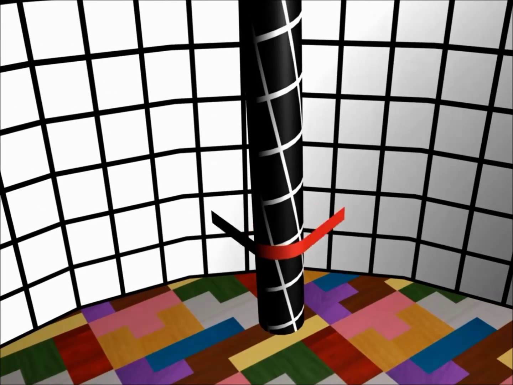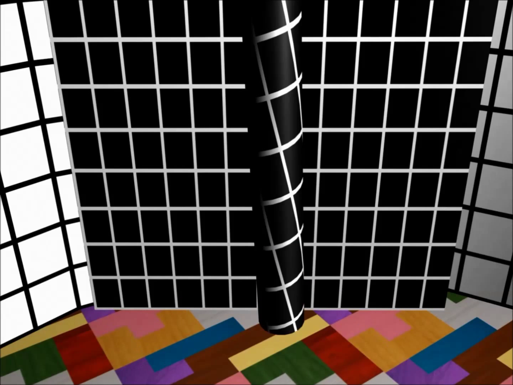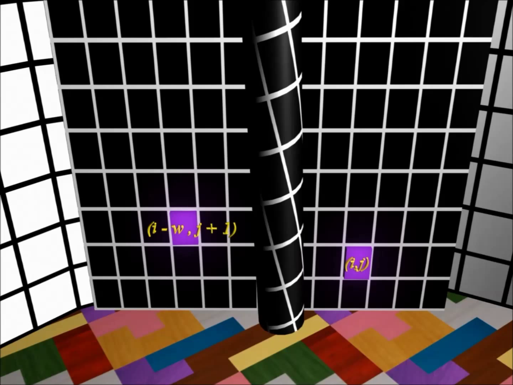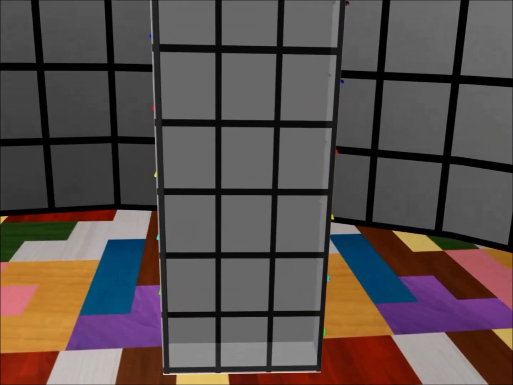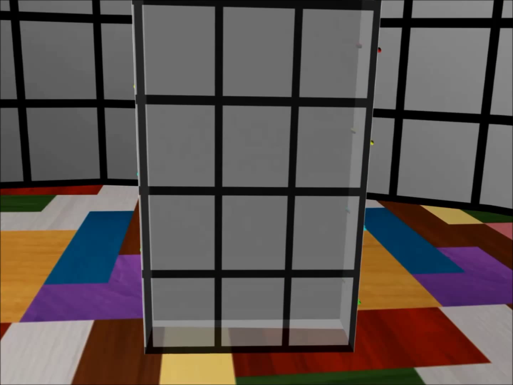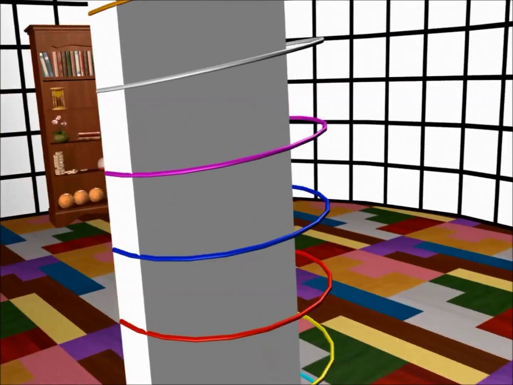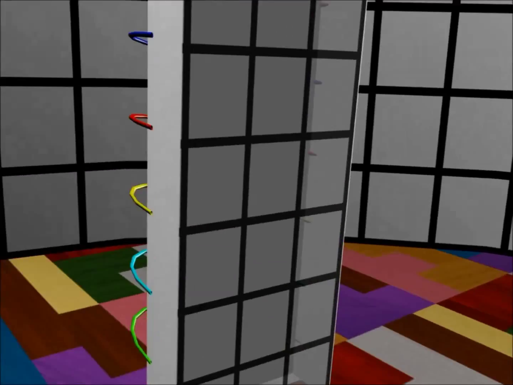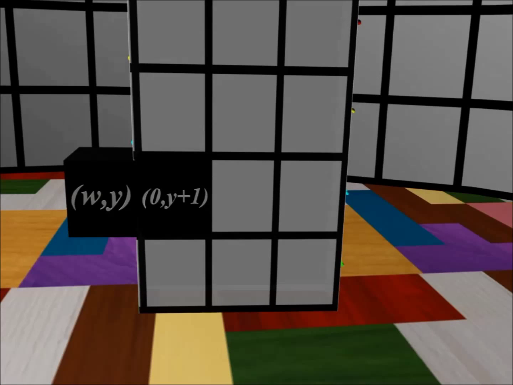A twisted cylinder of a fixed perimeter W is obtained from the integer grid by identifying coordinates of such form so as to create a spiral grid of perimeter W. Geometrically, the twisted cylinder can be imagined as an infinite tube. Here, the wraparound connections are indicated, so that cell (W, y) is a neighbor of the cell (0, y+1) for all values of y.